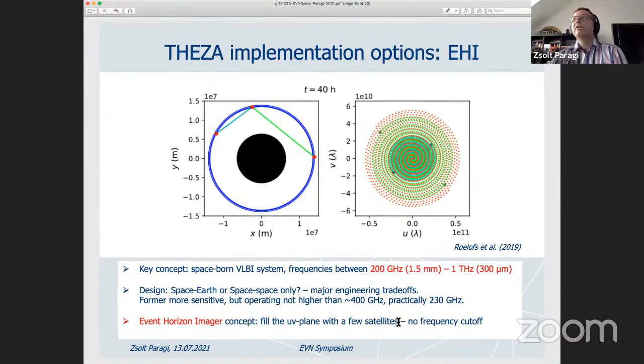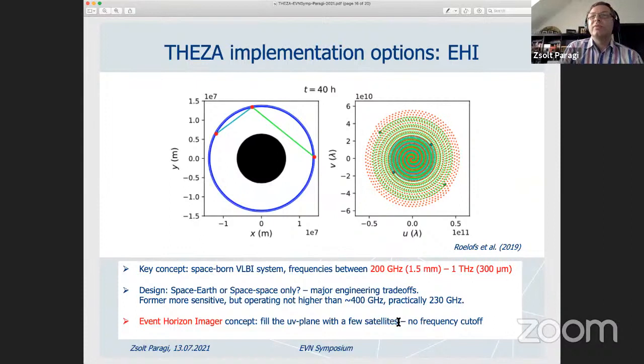After a few months, you would slowly fill in the UV coverage with just a small number of satellites. The idea is that you would average these visibilities in the UV plane, and you could image an average image of the black hole itself.